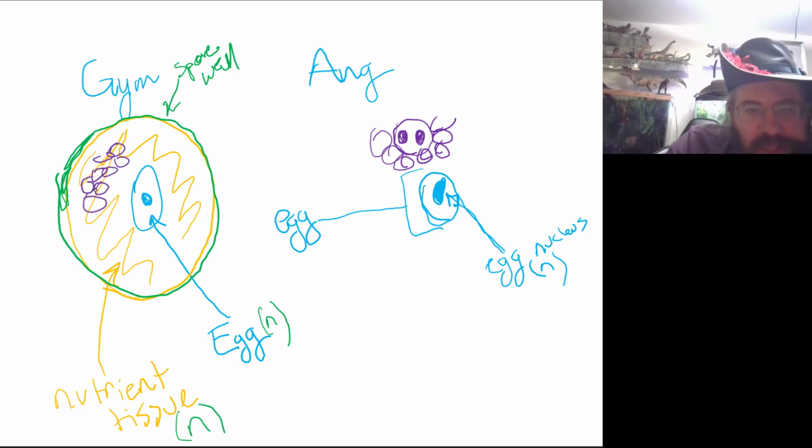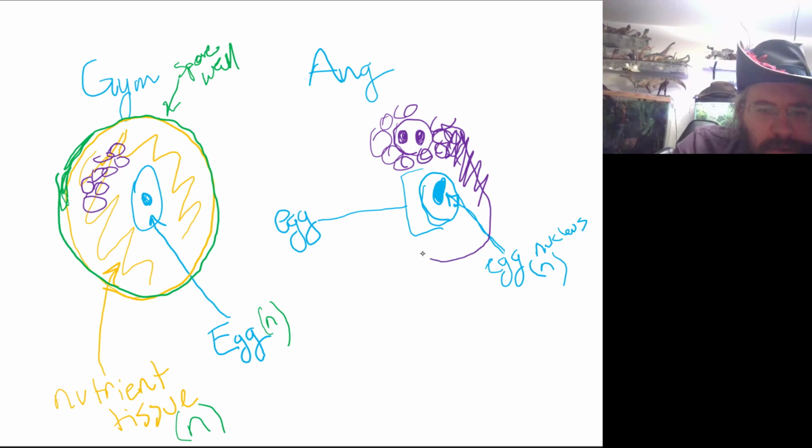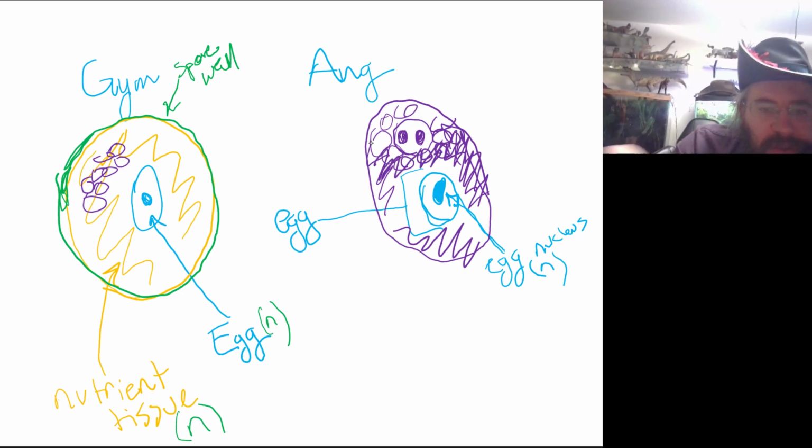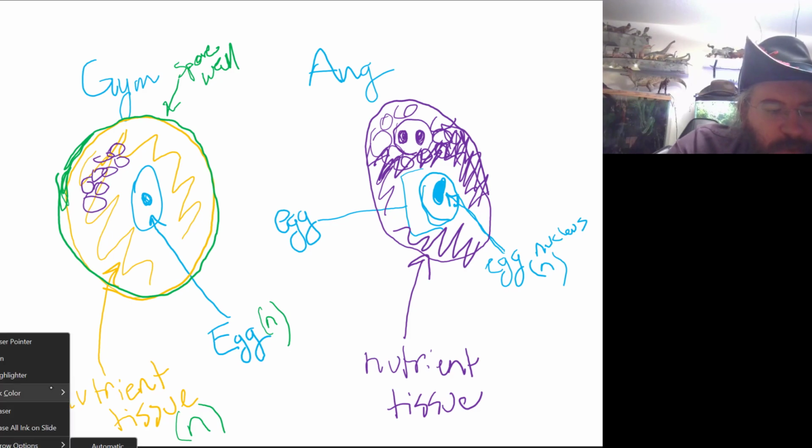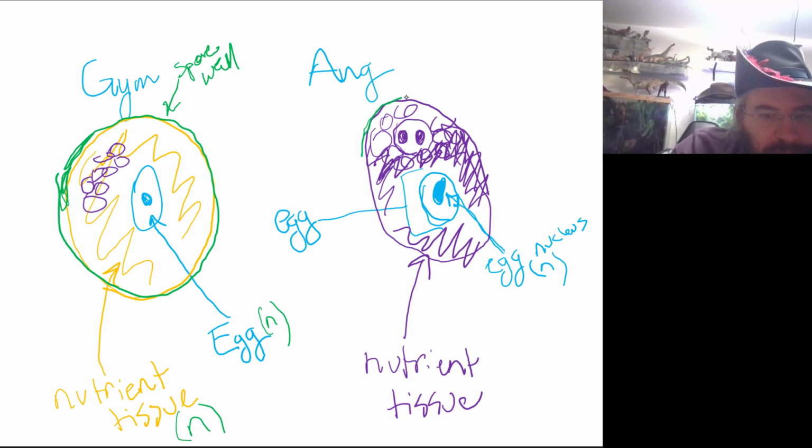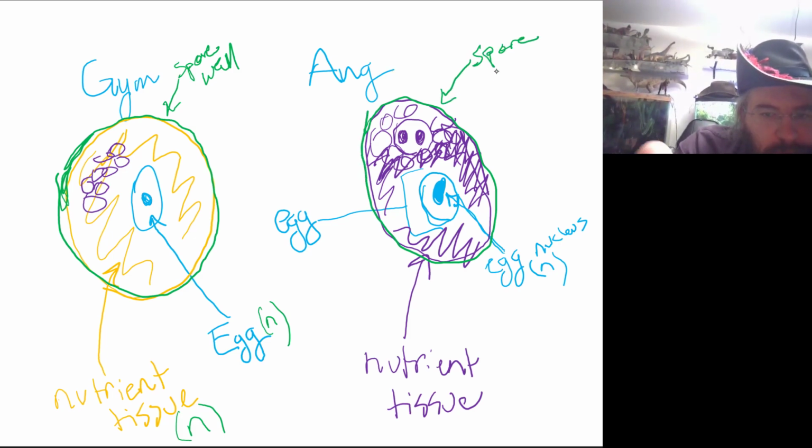So, nutrient tissue. And then, of course, the spore wall, which is part of that structure that will become the seed coat. But we're trying to be consistent here. Spore wall.